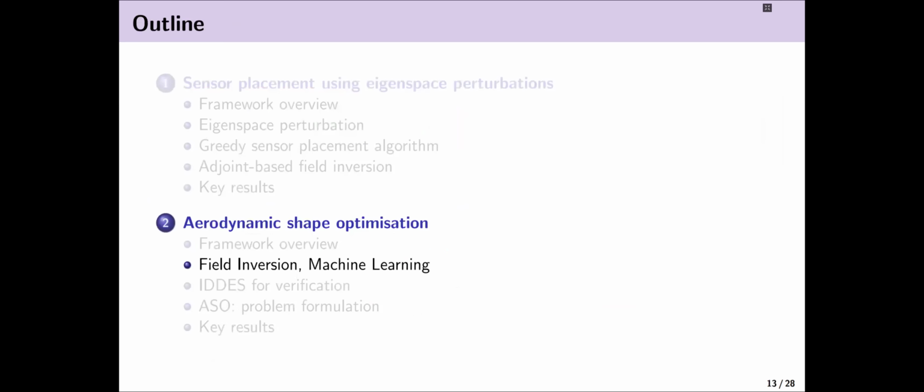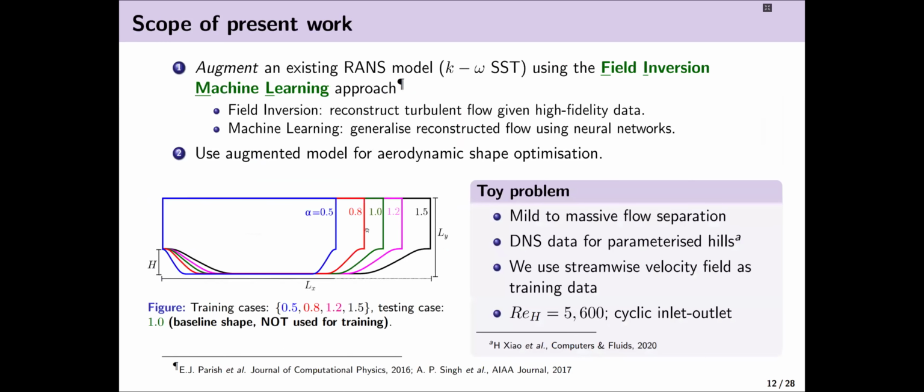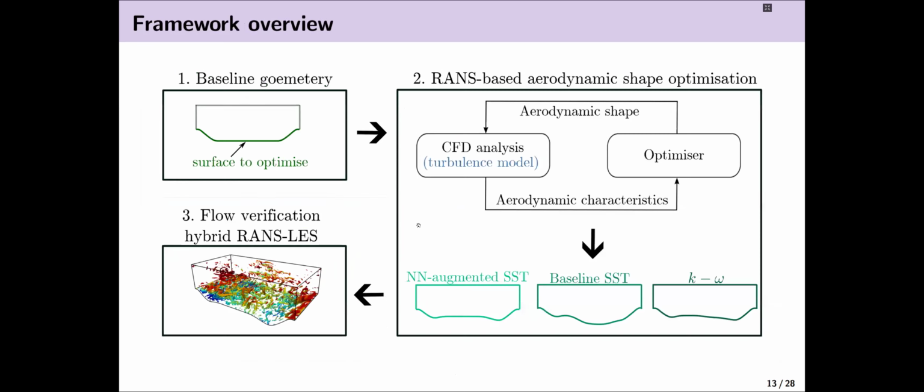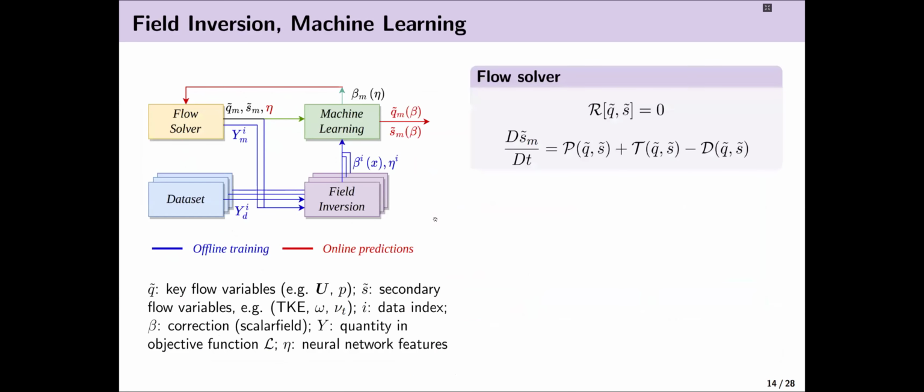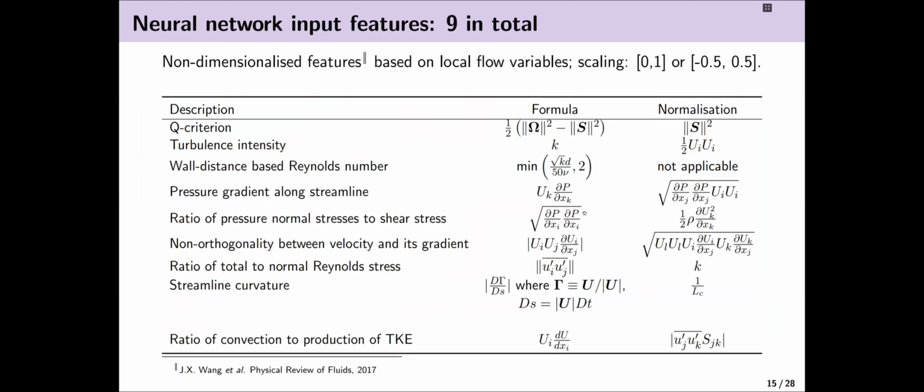We have the four geometries that we use for training, parameterized from the DNS dataset that's available publicly. Because it was available, we started with this. We perform field inversion, and for machine learning, we use the non-dimensional flow features, which I showed here, the 9 inputs. Those are the neural network inputs, and the output is the beta field. Once we have trained the neural network, we then use the pre-trained neural network in the aerodynamic shape optimization.